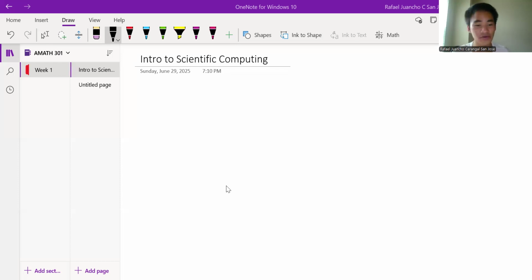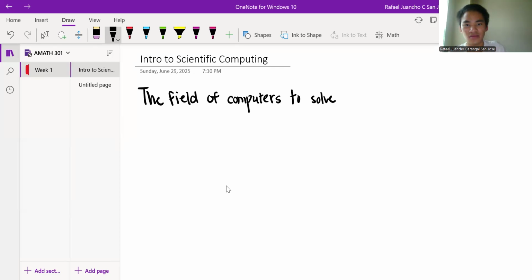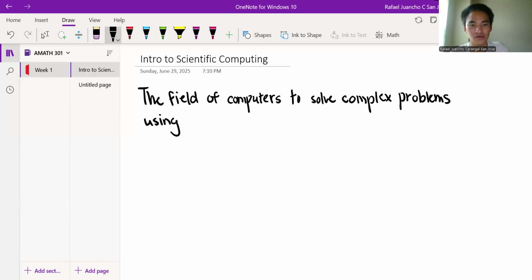What AI Overview said is that scientific computing is basically the field of computers, obviously, has something to do with computers, and their purpose is to solve complex problems in science, engineering, and whatnot using mathematical models.